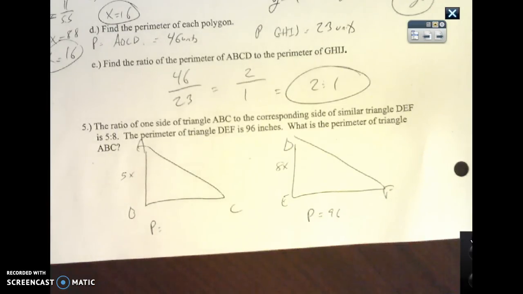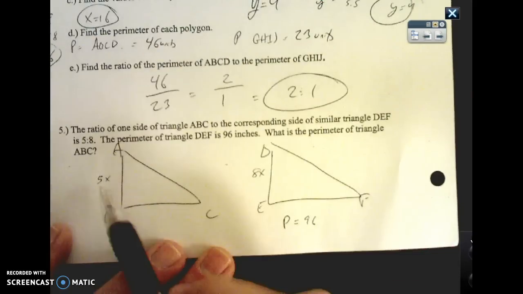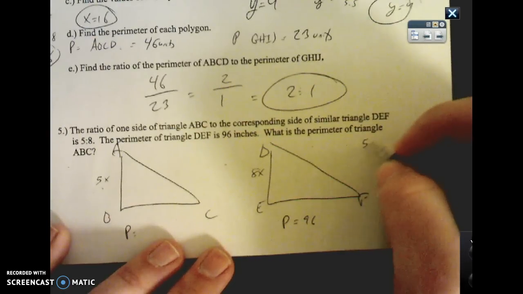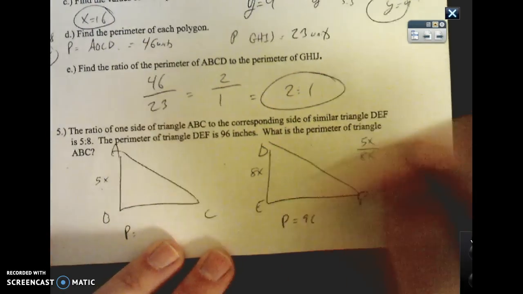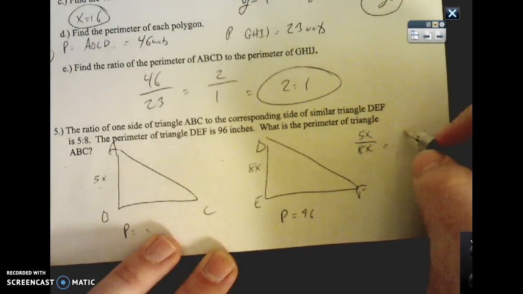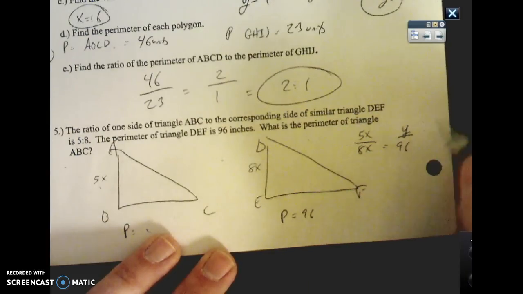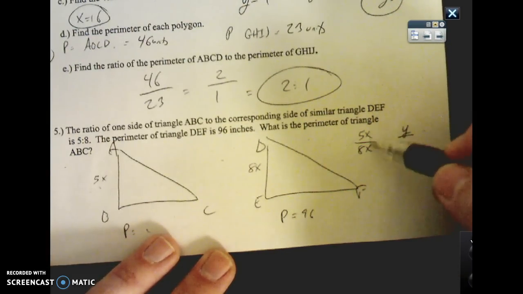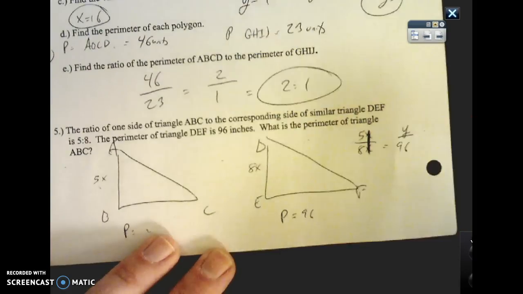What you can do is set up a ratio. Now, you could do 5x over 8x equals, I don't know what this is yet, so I'll call this y over 96. Now, to make your lives easier, what can I do with these x's if I'm dividing by them? Cancel them out.